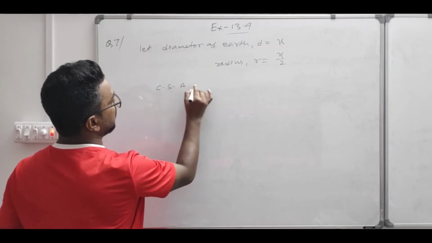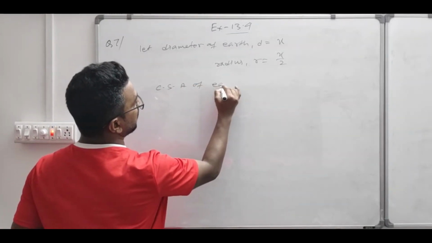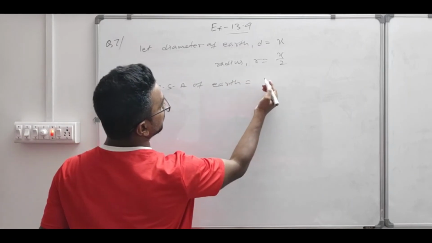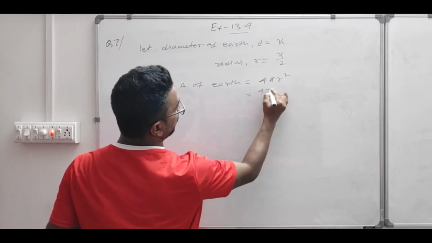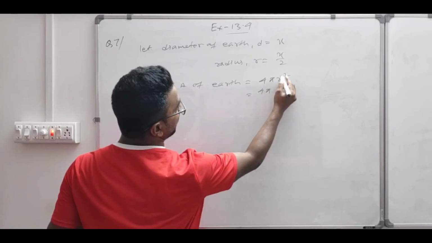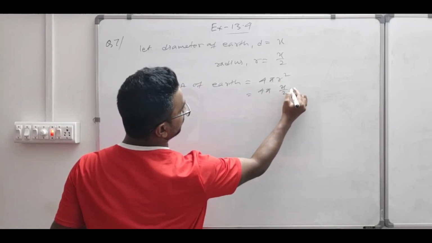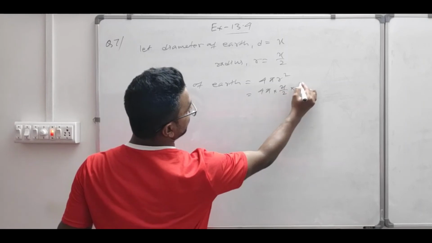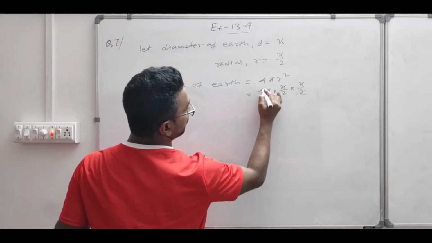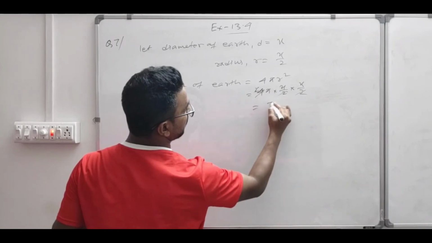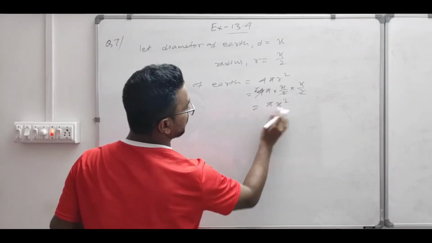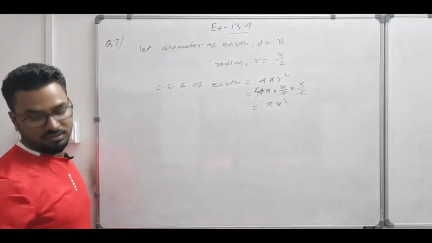Curved surface area of earth will become 4 pi r square. So 4 pi, what is the value of r? r is x by 2. Square is there, right? So you multiply 2 times. So 2, this is 4, 2 times 2 to cancel. So what will be the value? Pi x square. So this is the curved surface area of the earth.